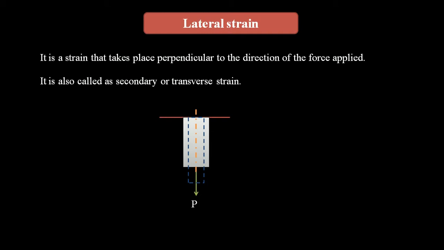The strain taking place along the direction of the force is linear, longitudinal or primary strain. But lateral strain is that which takes place perpendicular to the direction of the force. I hope you understood lateral strain, which can again be called secondary strain or transverse strain. That is about lateral strain.